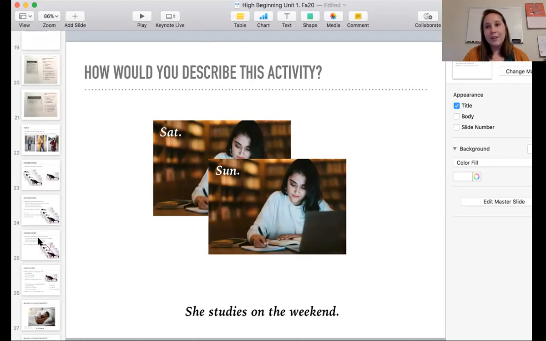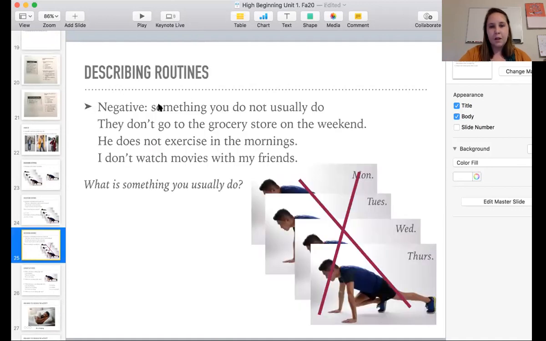Now there's also a negative version of these. So if it's something you don't usually do, we would use the same form of the verb. So they go, he, and instead of exercises, that S will go on the do. But you're going to use do not.